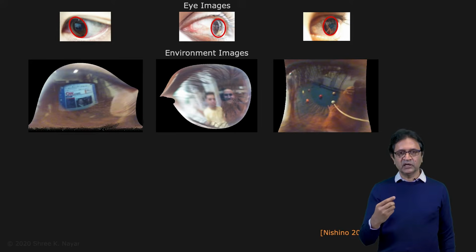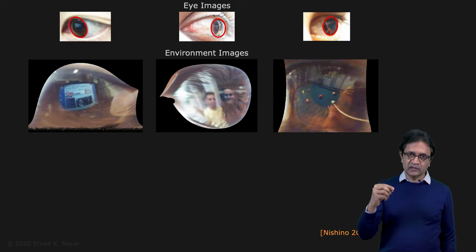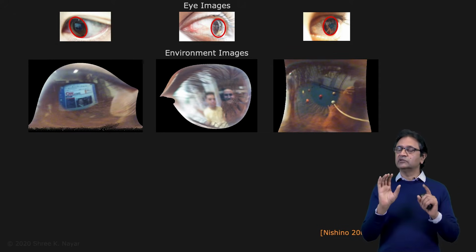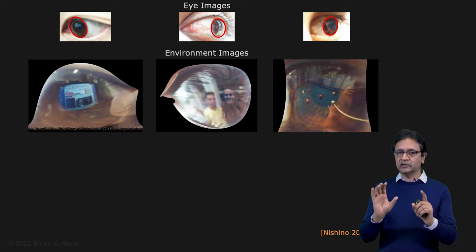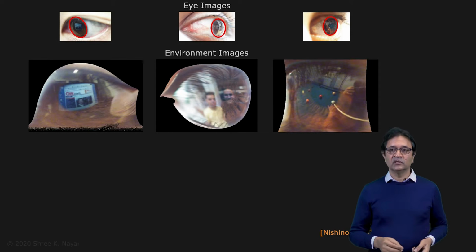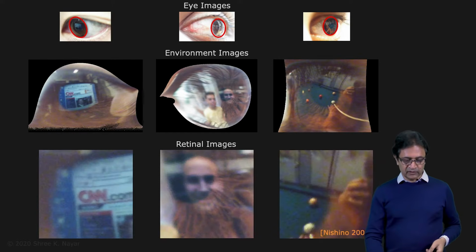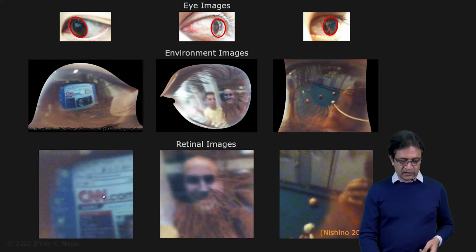In other words, without implanting a chip inside this person's eye, you're able to just from a photograph of them figure out what they are looking at. And these are called retinal images right here. This person's looking at the CNN logo. We know this because we asked this person to look at the CNN logo. This person is looking at the man on the right, and this player is going for the yellow ball right here.